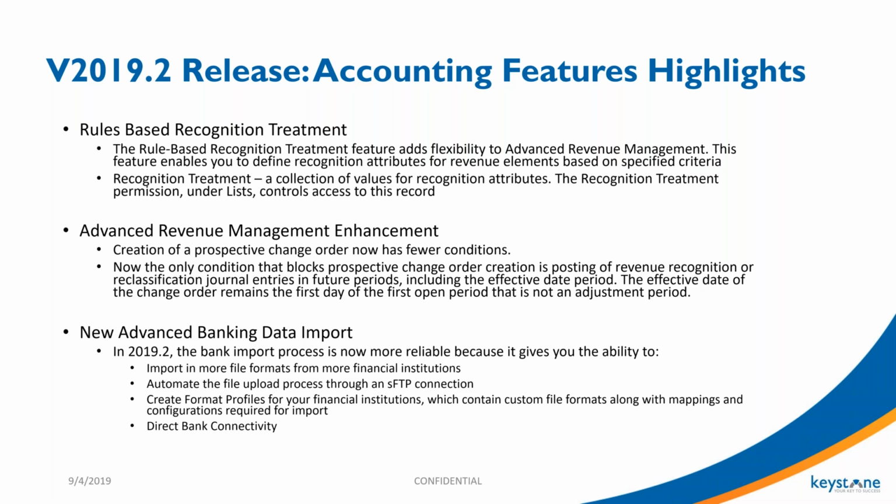So for the recognition treatment, you can set up values for creating revenue plans for a specific rev rule, allocation types, rev allocation groups. And then once you've set up that treatment, you go and create a rule, and you use a specific treatment that you've created.